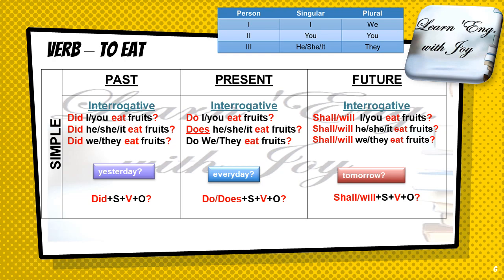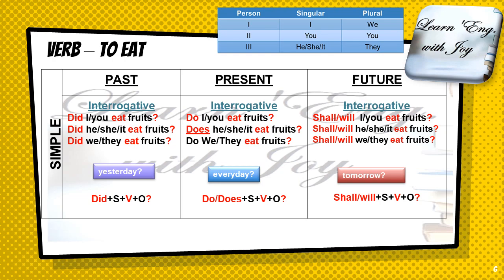Do I eat fruits? Do you eat fruits? Does he, she, it eat fruits every day? Do we, do they eat fruits every day? Now the question mark is an important part of interrogative sentences. If you are going to add every day, then you put the question mark after every day.